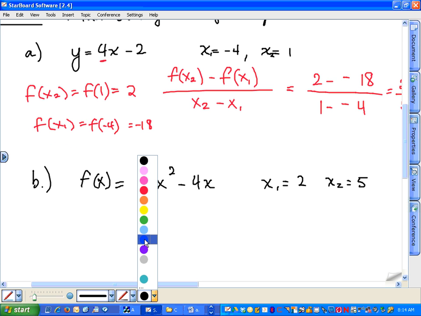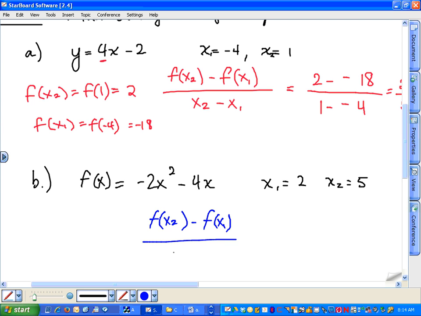So it's the same formula. F of x2 minus f of x1 all over x2 minus x1. Go ahead and give it a go. I'll let you work on this one.